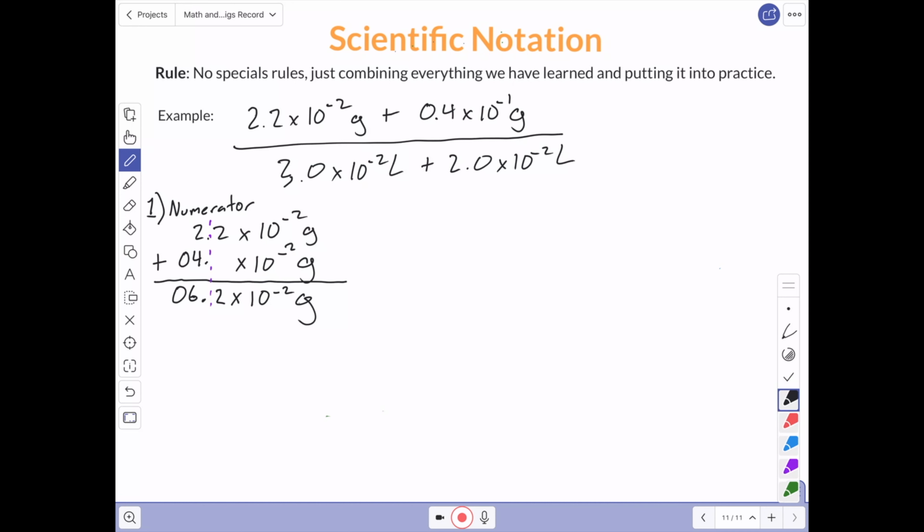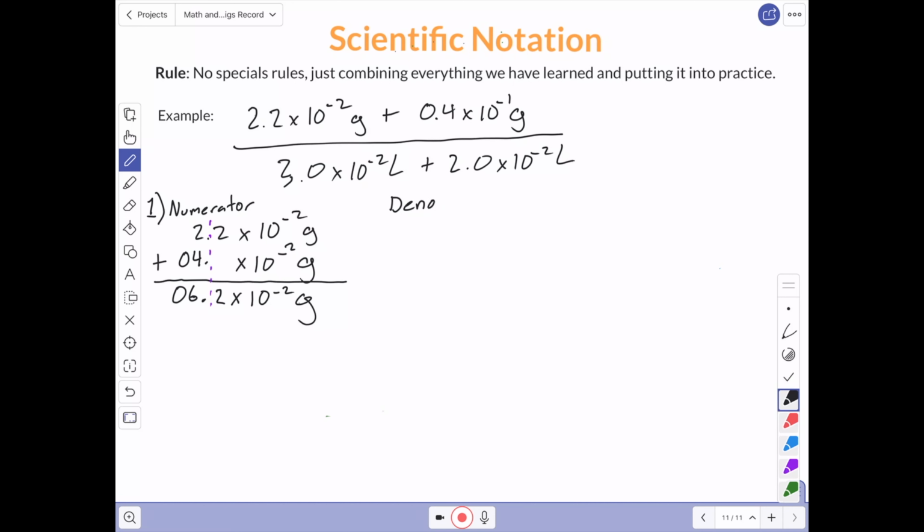Let's do our denominator. Again, we want to do vertical addition. We need to recognize our exponents need to be the same. Luckily, our exponents are already the same, so we do not have to change them.